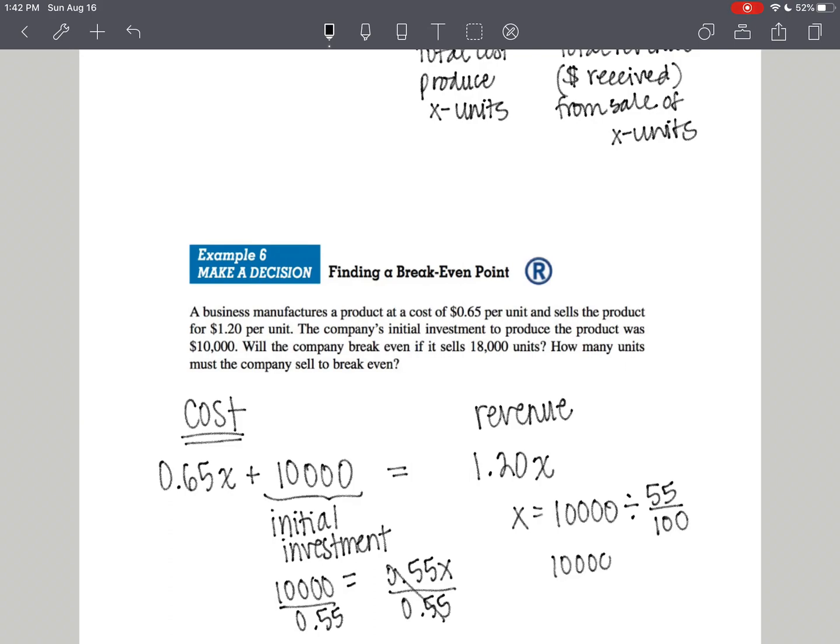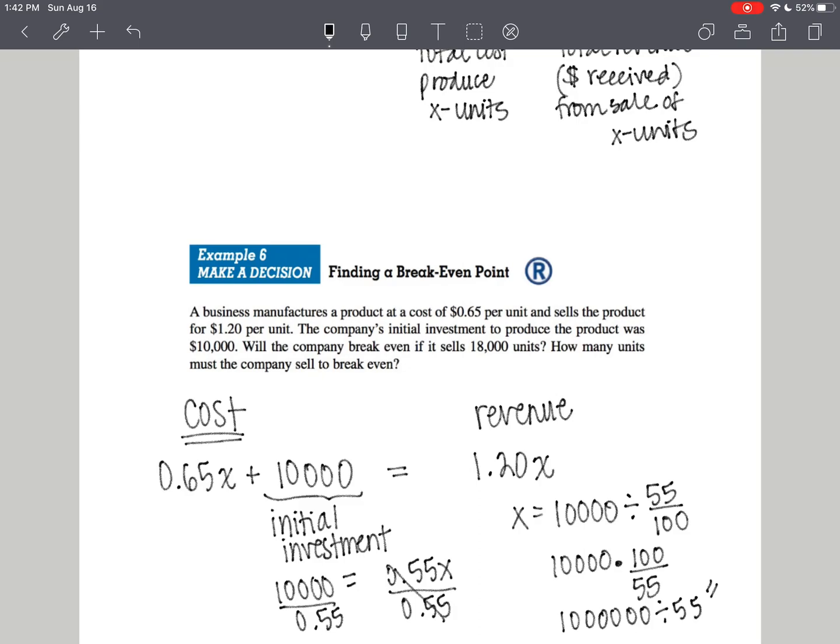So 10,000 times 100 divided by 55. So 10,000 times 100 is, see how stubborn I'm being? You can pick up a calculator. You do not have to be stubborn like I'm being. So when you pick up a calculator, you should get, did we do this right?